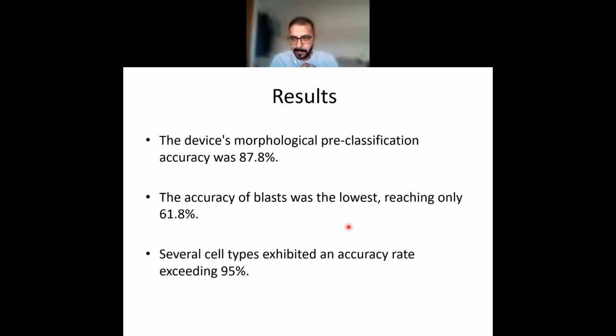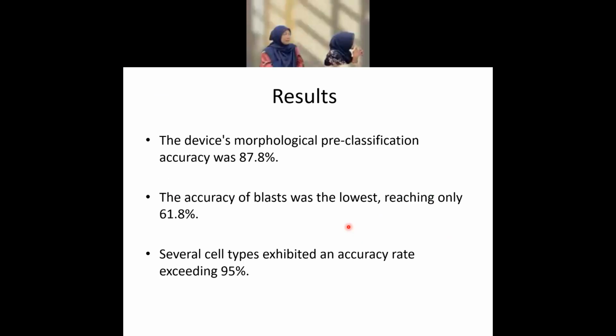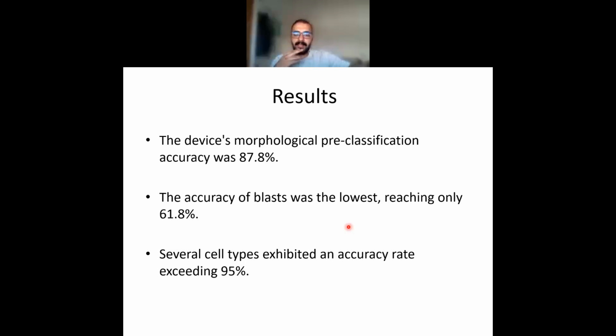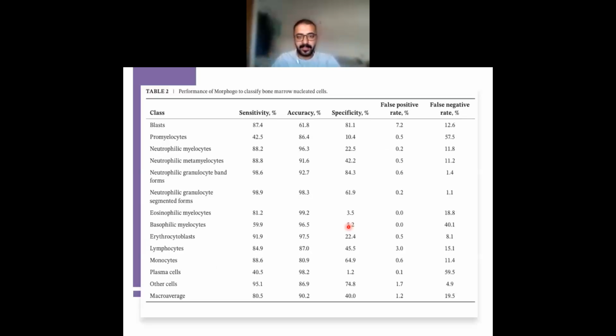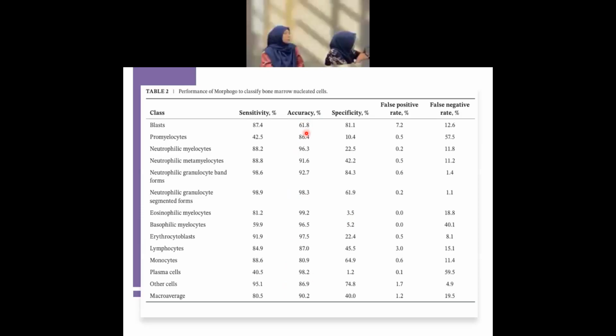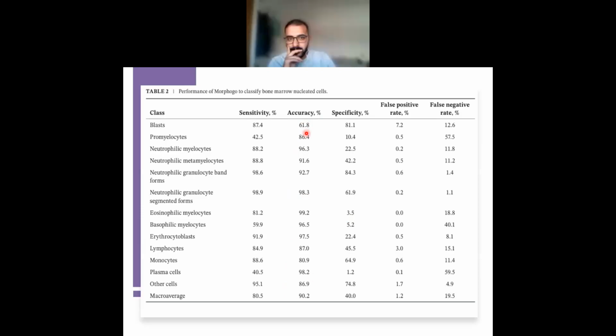Except for the blast cells, the other cells have an accuracy rate exceeding 95%. It is illustrated here in this table.